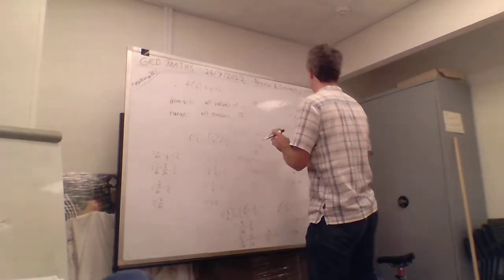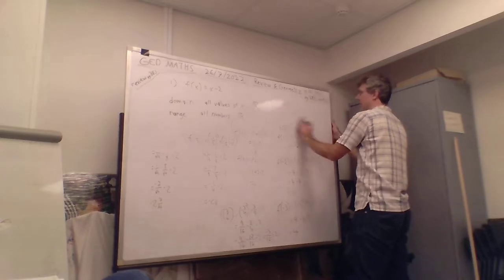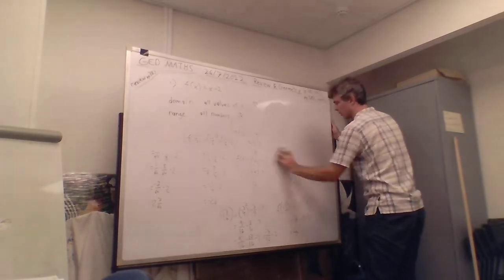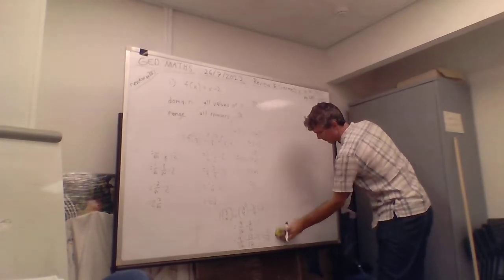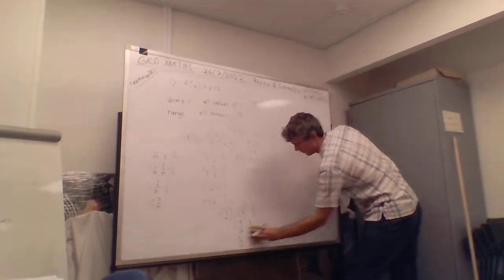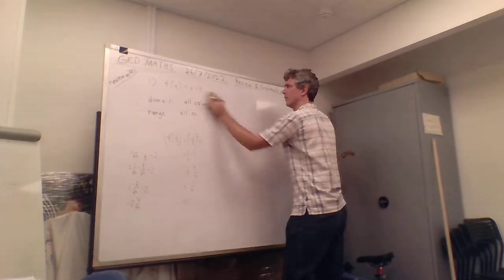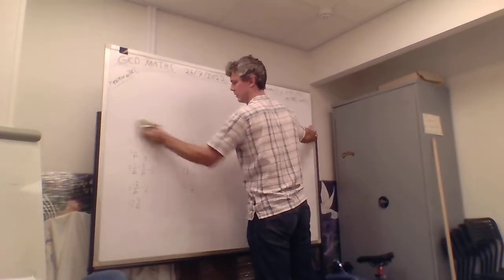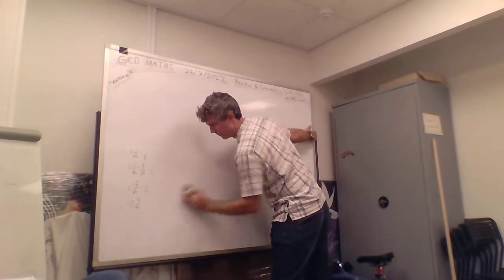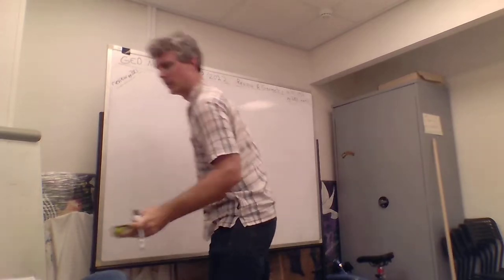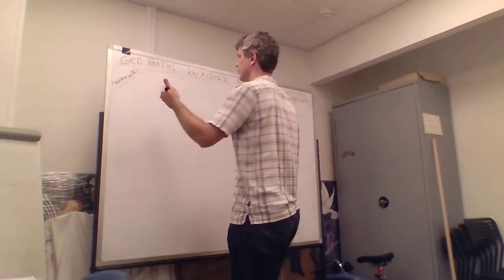Let me get on the board. So this is number 1. Let's try the others. When we get to that quadratic one, we'll try that one too. Well, let's do it now, actually, since we're on the same topic.